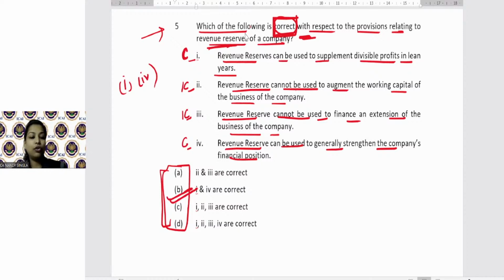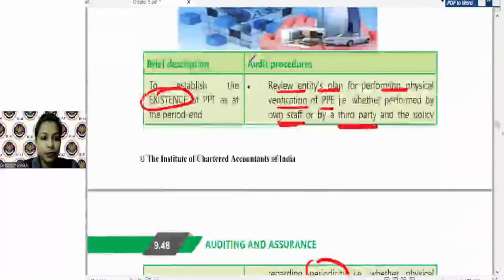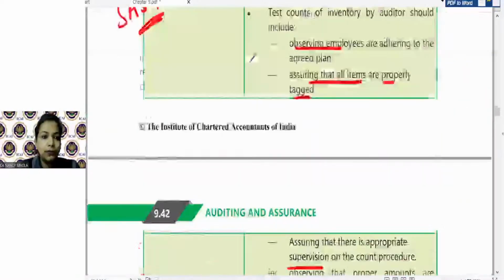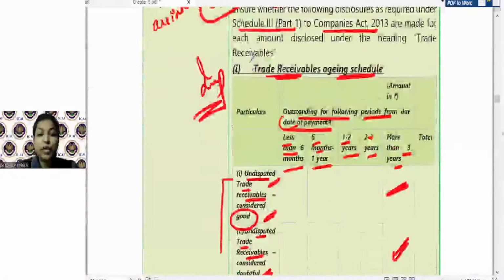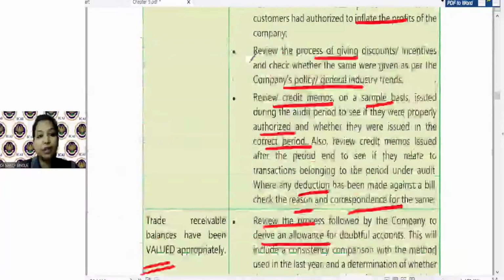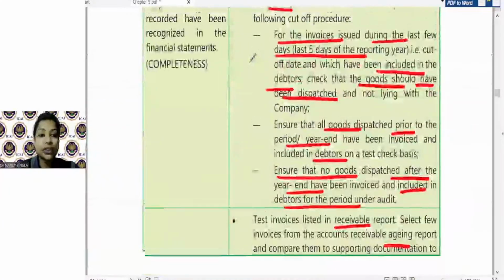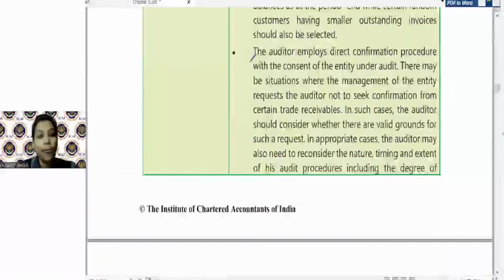For all those who are saying, ma'am, where is it given in the module? Let me just show it to you. Students, read between the lines. You may get any question, MCQ, true, false, very easily from any line.